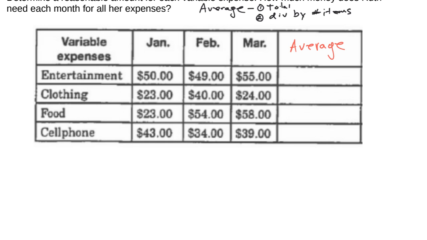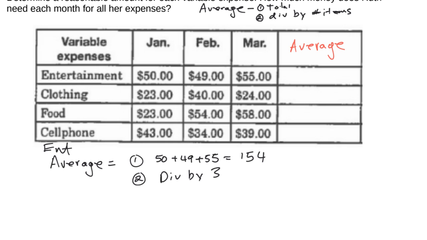Let's say I want to figure out the entertainment expenses over the months of January to March. So what we need to do is calculate the average, and let me show you how we do that. The first thing we're going to do is add up 50 plus 49 plus 55, and we get a total of 154.